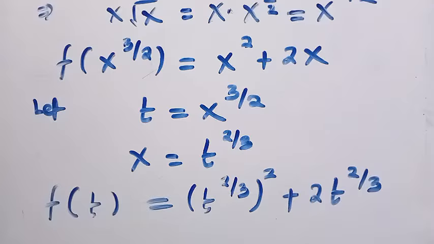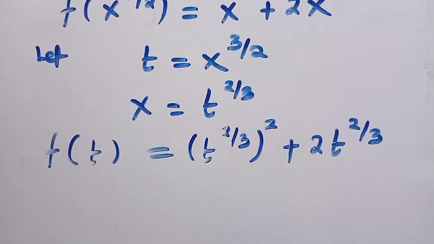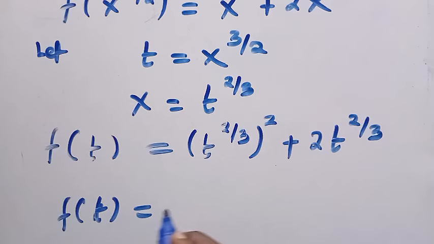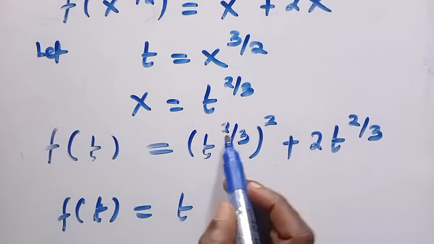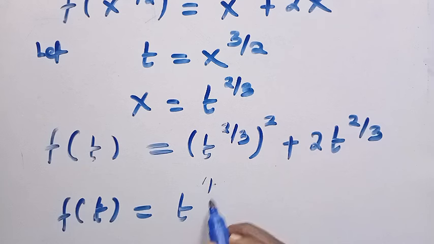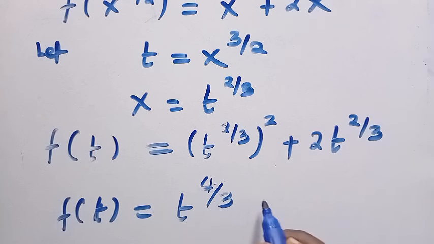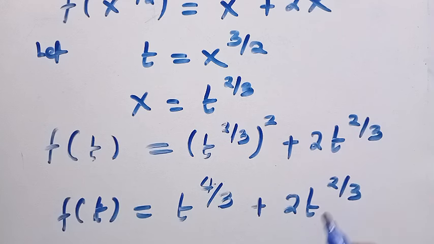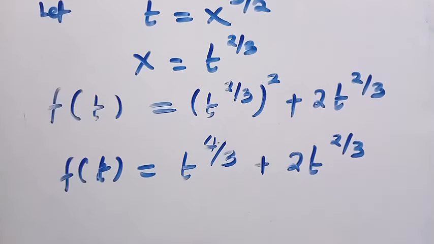So this is what we have. Then we simplify: f of t equals t raised to power, by the rule of exponents, 2 times 2, which is 4 divided by 3, plus 2t raised to power of 2 divided by 3.